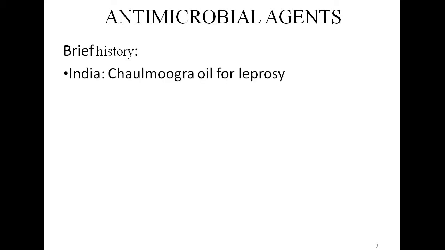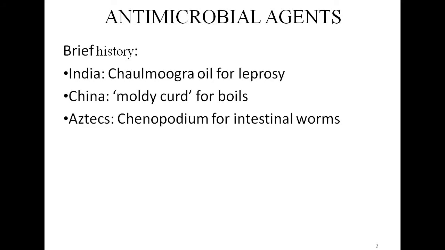A very brief history about how we have progressed so far with the antimicrobial agents. In India, more than 2000-3000 years earlier, the oil from the plant called chaulmoogra was used for the treatment of leprosy. In China, moldy or spoiled curds were used for the treatment of skin boils.